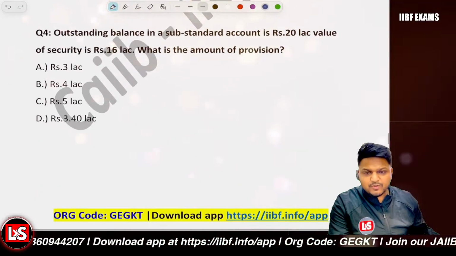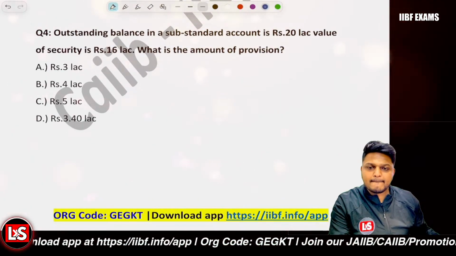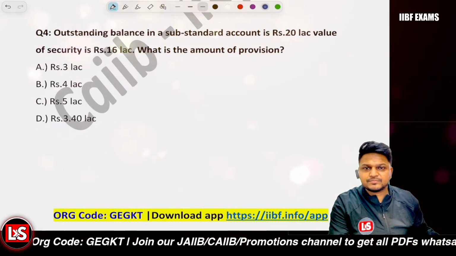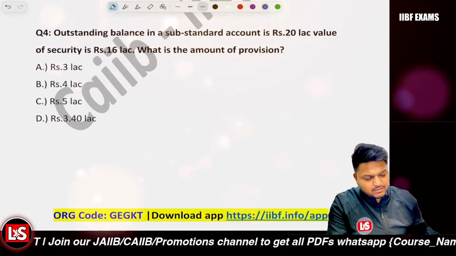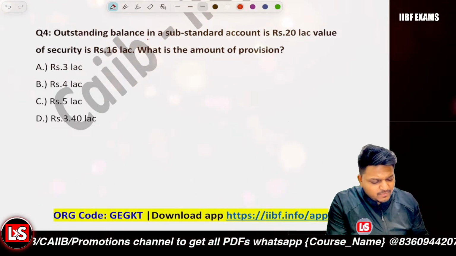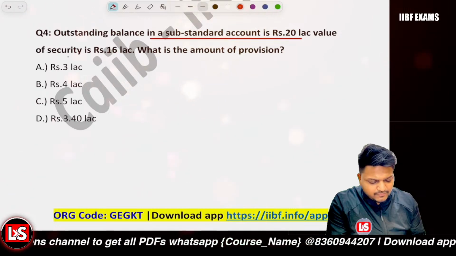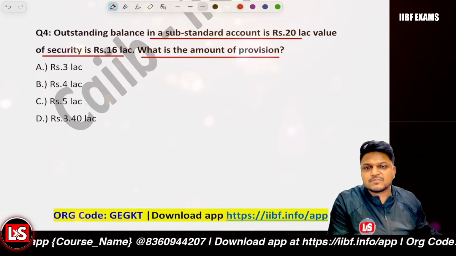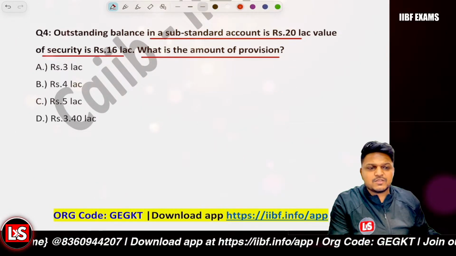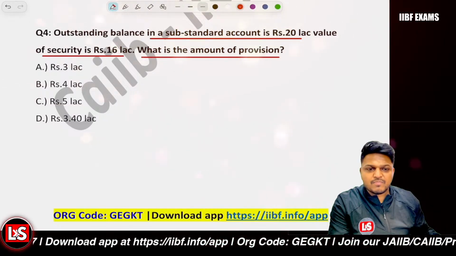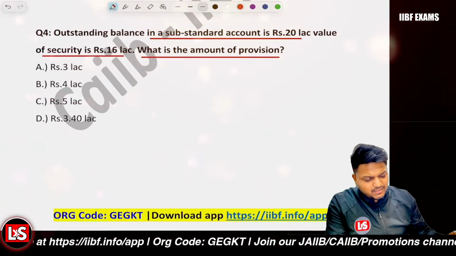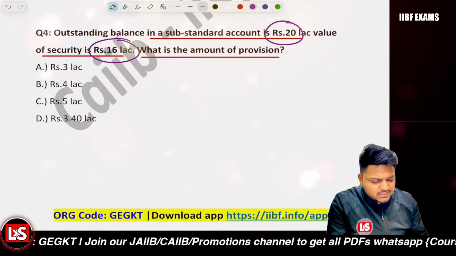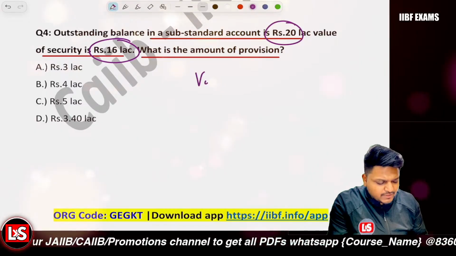Now let's move toward question number 4. We are provided with the outstanding balance in the substandard account of rupees 20 lakh, value of security 16 lakh, and what is the amount of provision that we need to maintain? So first thing we need to check is the value of security.